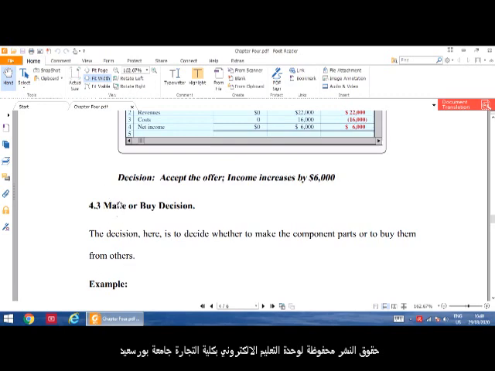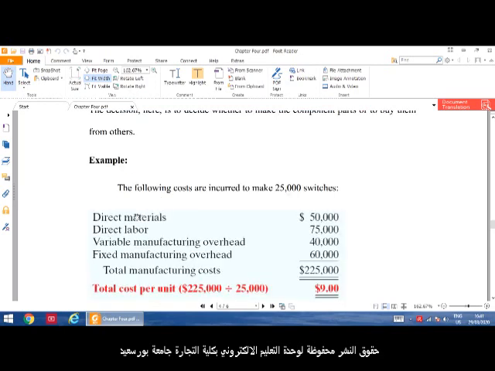We have two alternatives, to make or to buy. These are component parts of the final product, to make or to buy from others.